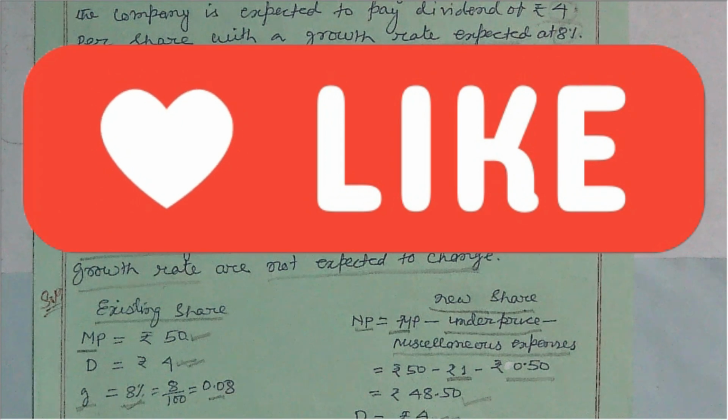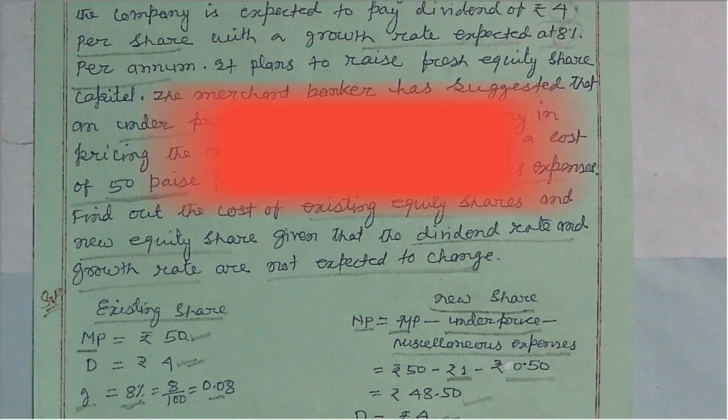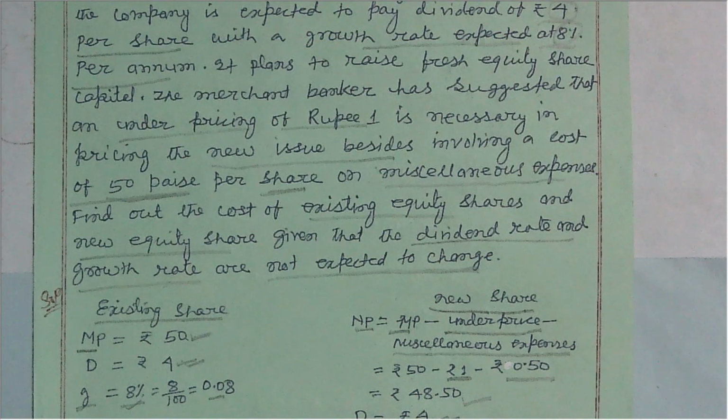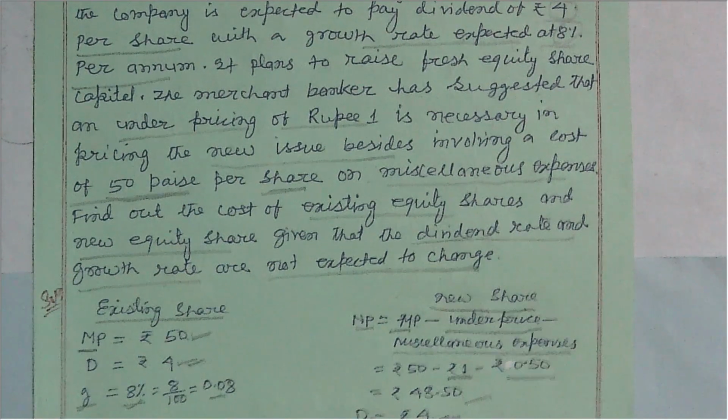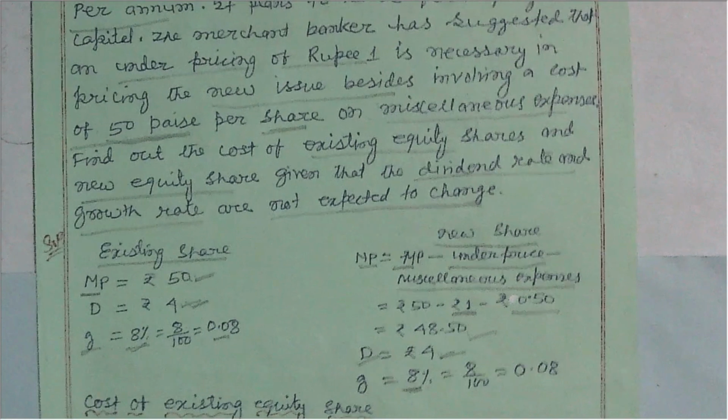And another thing is that in both cases, that is, calculating the cost of equity for existing shares and for new shares, the dividend per share of rupees 4 will remain the same, and the growth rate of 8% will remain the same.